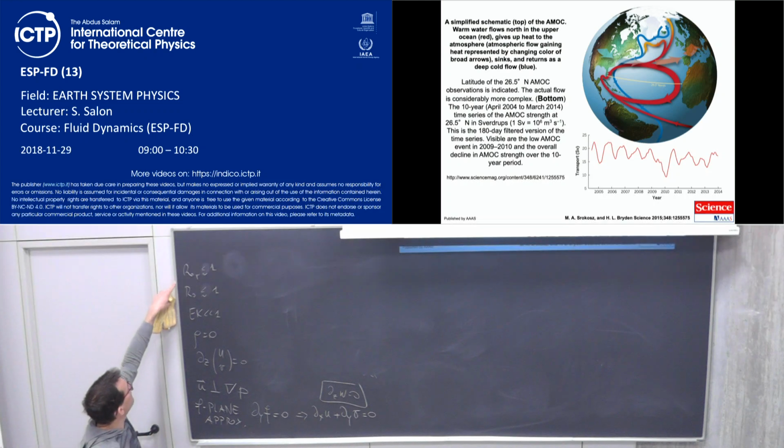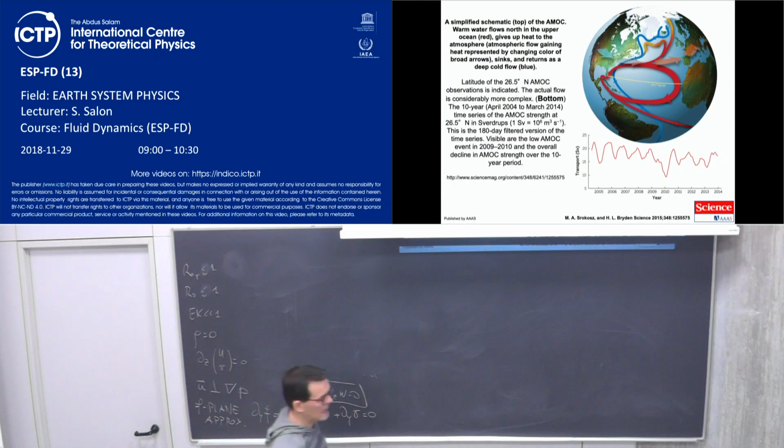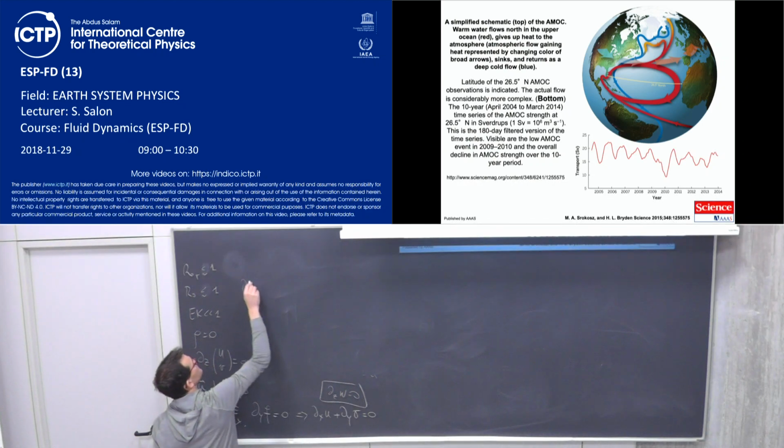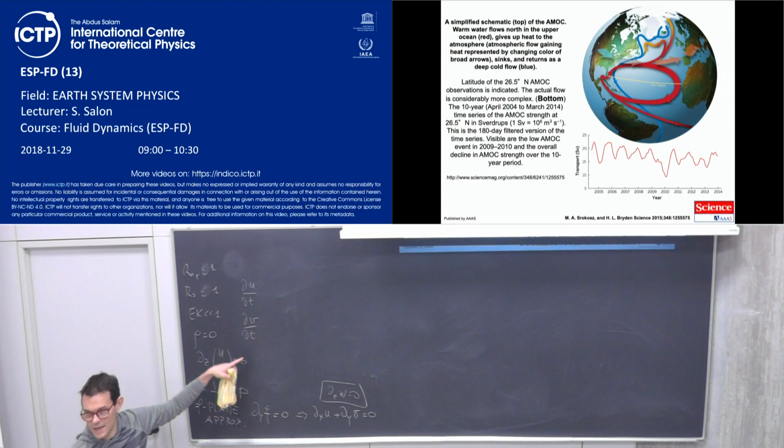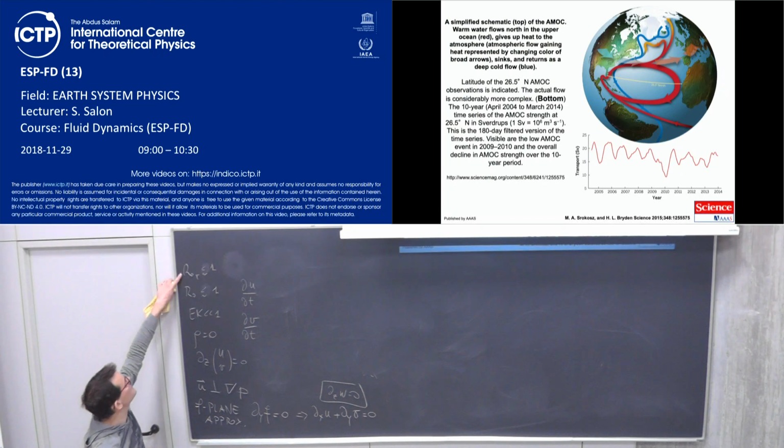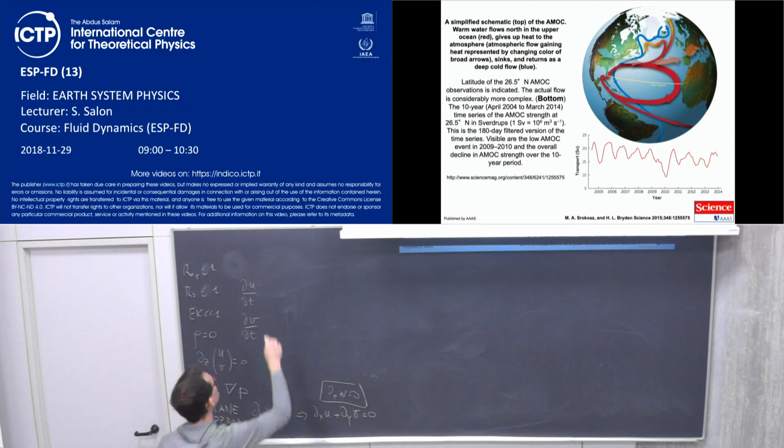With this relaxed hypothesis, if you remember from the scale analysis of the equation, we can keep the local variation in time of velocity, because this is no longer negligible with respect to the Coriolis term.